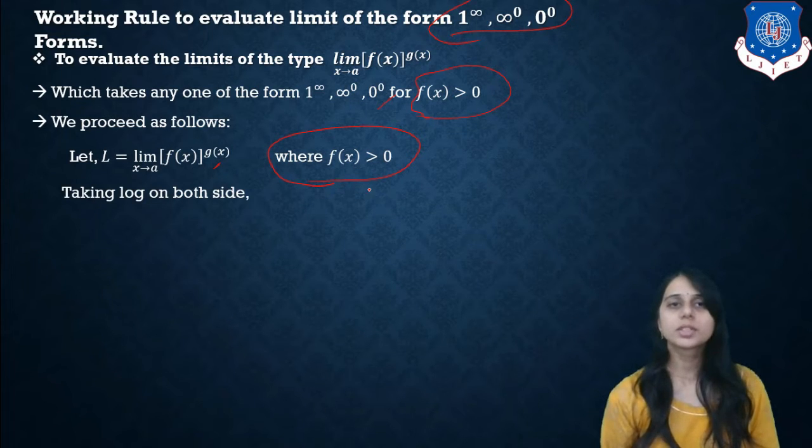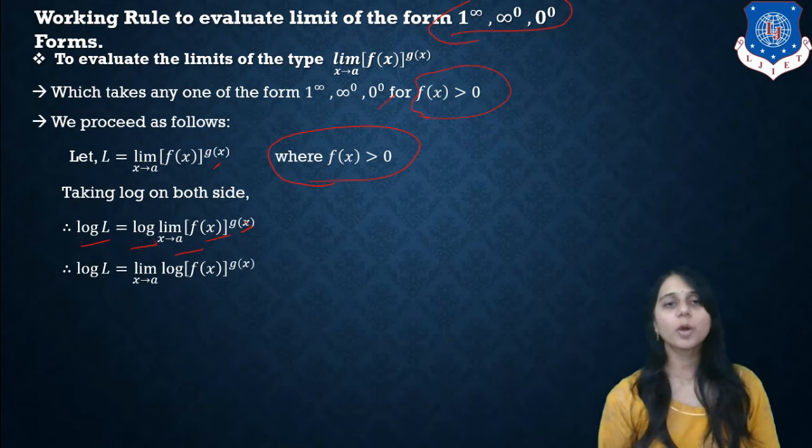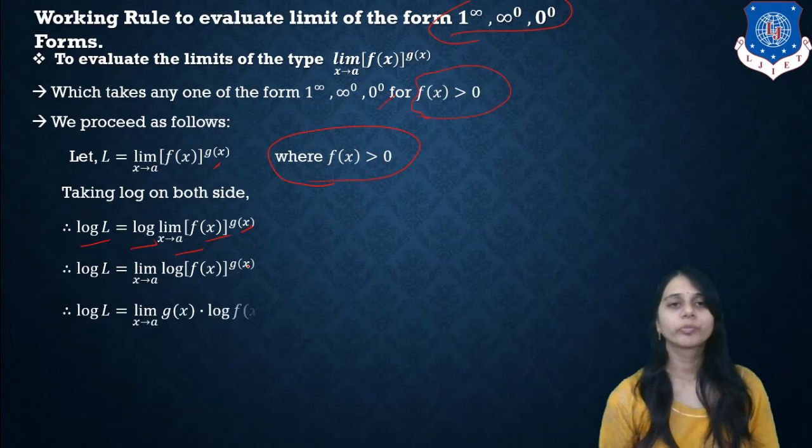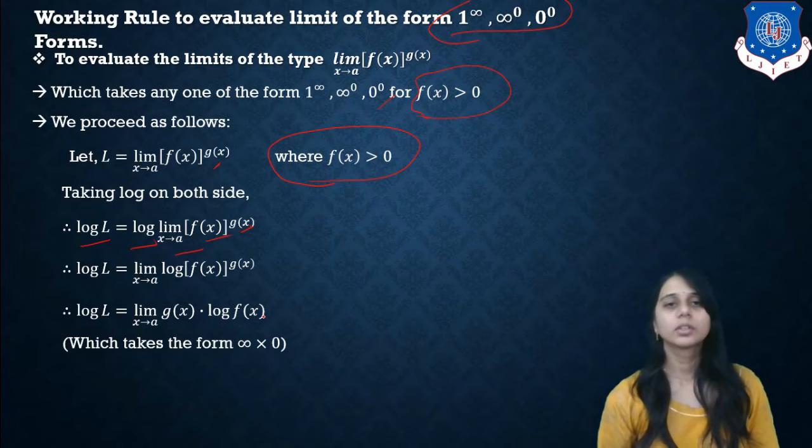Taking log on both sides, we get log L equals log of limit x tends to a of f(x) raised to g(x). Applying the property of log, we get log L equals limit x tends to a of g(x) into log f(x), which takes infinity into 0 form.